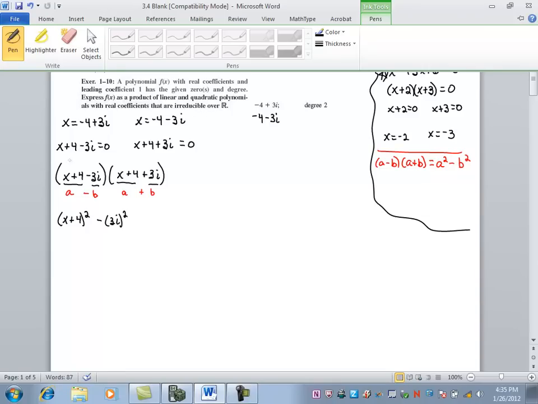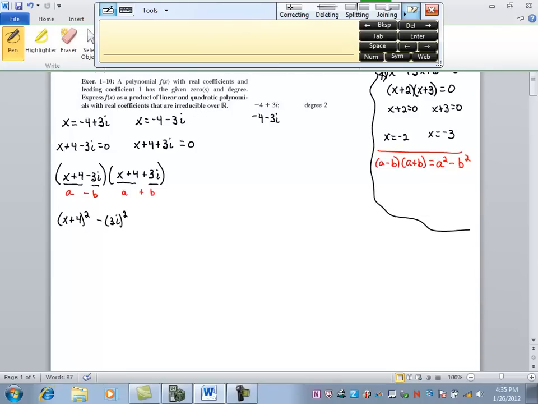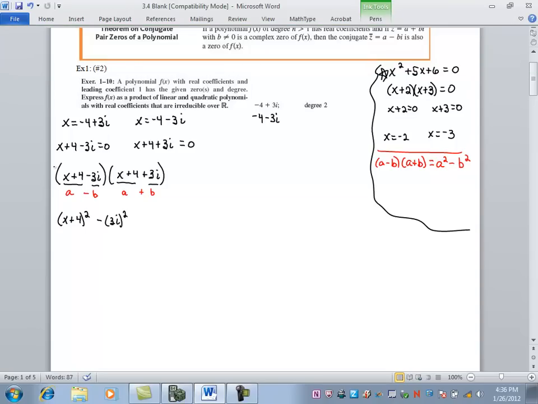So here we go. This is our factored form, and something like this would be okay. This would be okay for an answer.